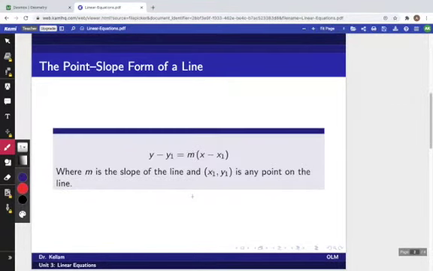So now to the point-slope form of a line. This is set up because we don't always know the y-intercept, and if we don't know the y-intercept, it can become annoying to find.